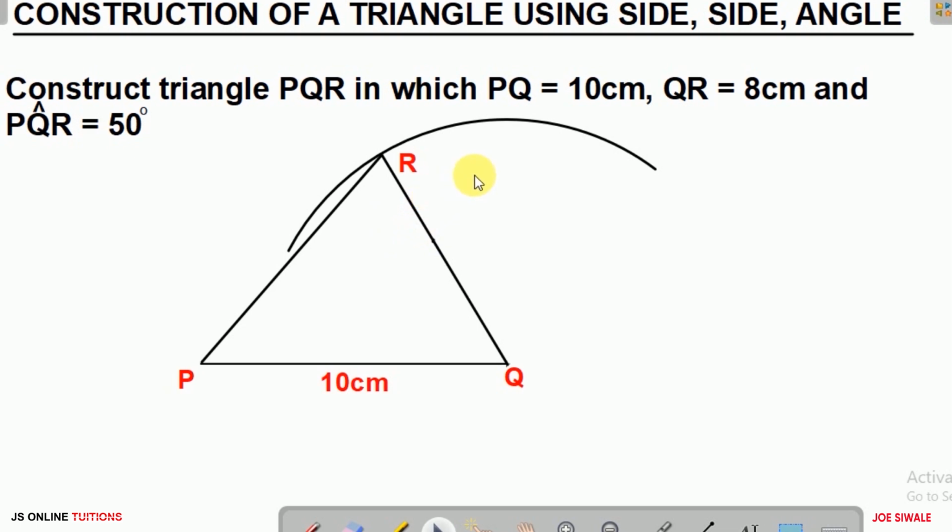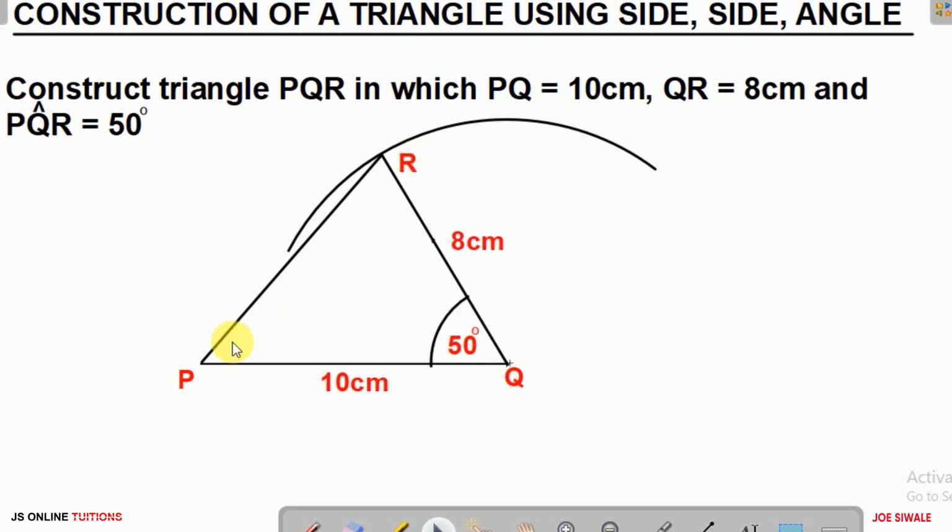We are also given our side QR as 8 centimeters. So let us put our details there. So we know our side QR as 8 centimeters. Then we know that our angle PQR is 50 degrees.